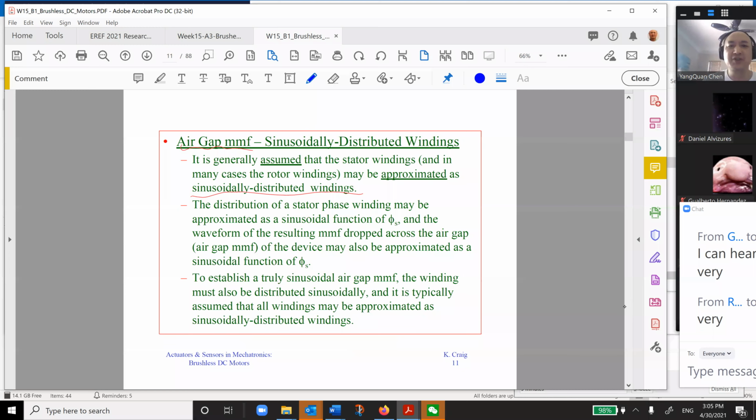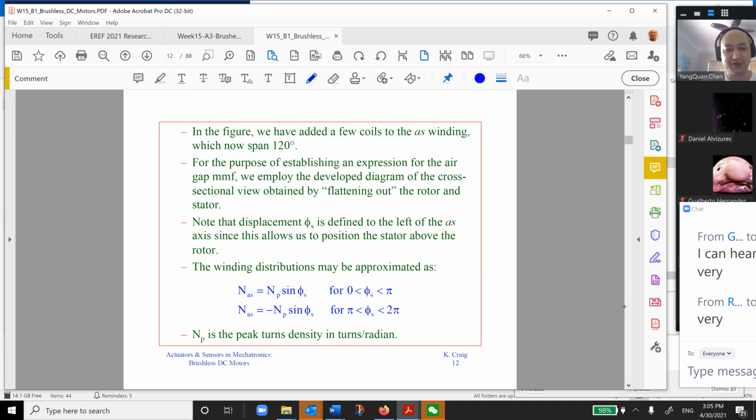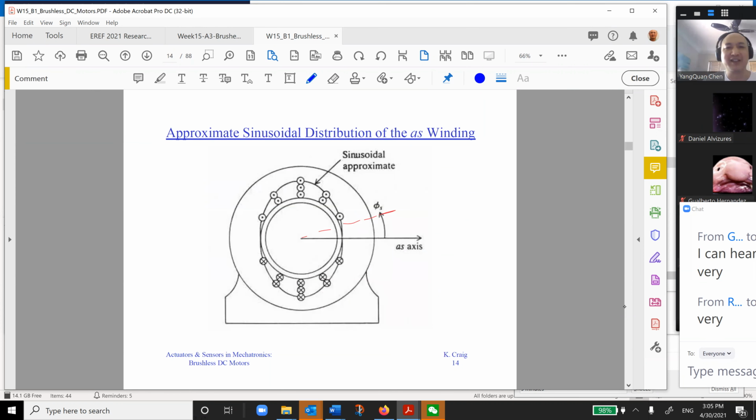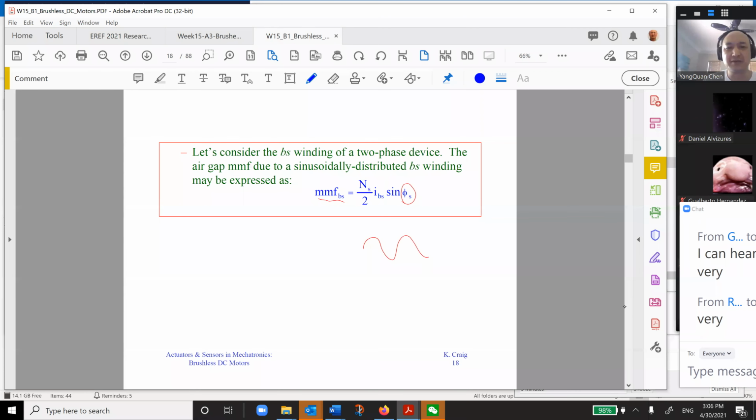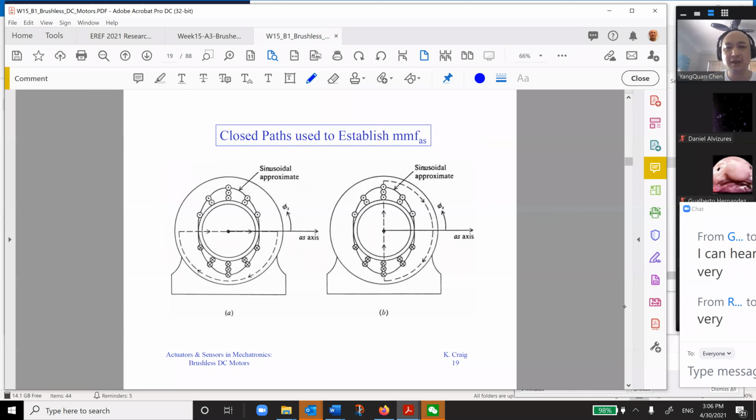Sometimes people use the winding arrangement, instead of the supplying voltage, to make the distribution sinusoidally distributed. Let me show you a picture. You can see they have some windings more, 1, 2, 3, 2, 1. Then you do this type of sinusoid approximation, so you also form this type of rotating magnetic field.